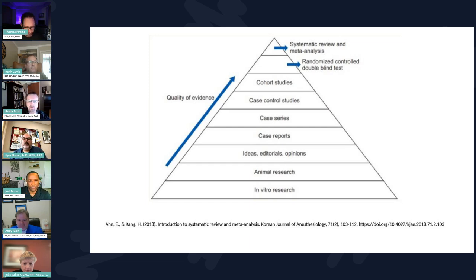Very important point. As much as we would likely all agree that systematic reviews and meta-analyses are at the top of this pyramid, I think most of us would also agree that it's like a blender. If you put garbage in a blender and blend it up, you may end up with results that don't tell people what you are hoping they will tell. So the quality of the randomized control trials, or the research included in the systematic review and meta-analysis, is extremely important.